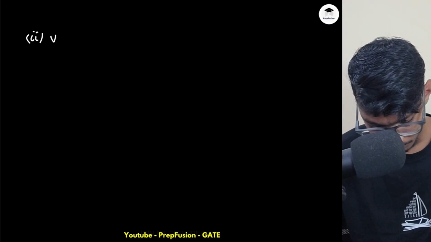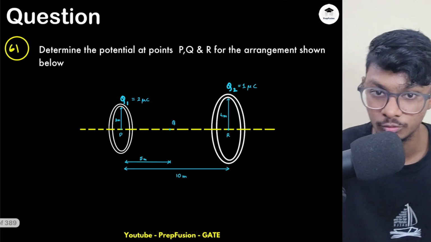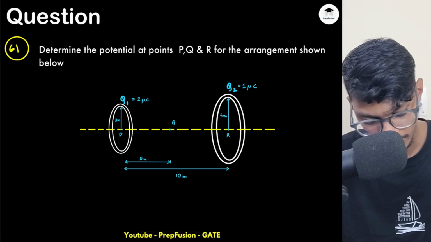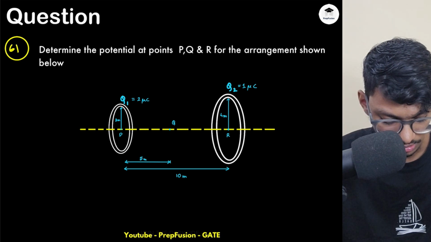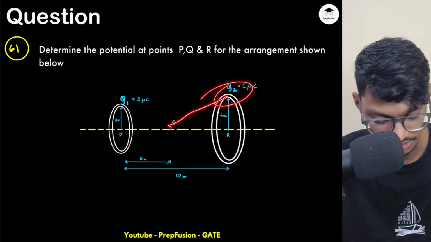So you can do the same for the midpoint for VQ. What will be VQ? Again, you will do the sum only. We don't have directions here, simple sum. So at this point, what is the distance from this small charge Q1, and what is the distance from this small charge Q2?